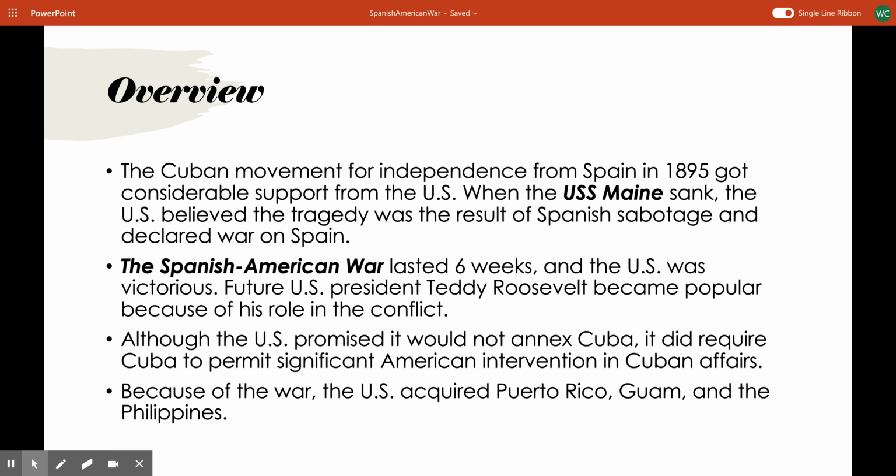So even though America didn't take it as a territory, it still got very involved in determining what Cuba was going to do in terms of international affairs. As a result of the war, the United States acquired the territories of Puerto Rico, Guam, and the Philippines.